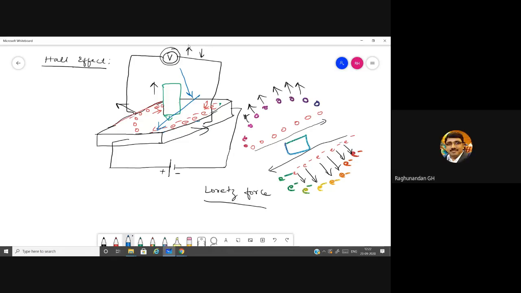All of them are perpendicular to each other, right? The current is in this direction, and I apply the magnetic field here. Then the force will be perpendicular to this. If this is the magnetic field and this is the current, then this is the force.